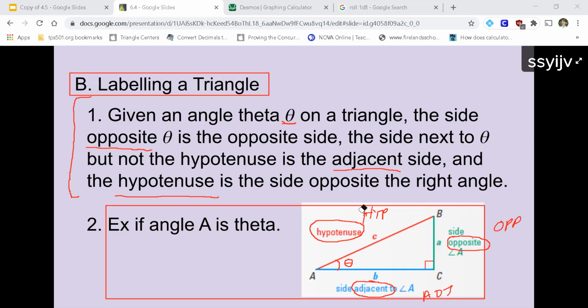Again, that's a very doable task to do, but really only if you have a picture to refer to, right? If you don't have this picture in your notes, I'll say it, you could probably figure it out this time. If I said, label your triangle opposite, you probably could guess which one is the opposite.